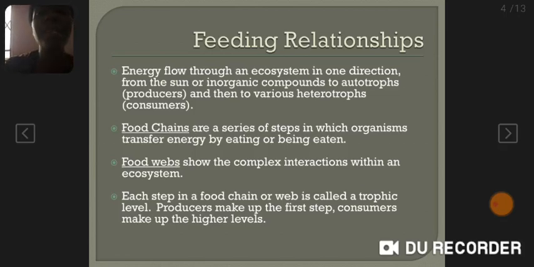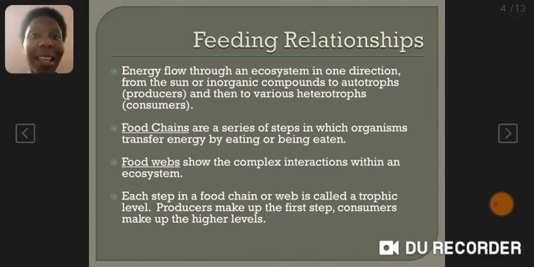The sun, we said, is the ultimate source of energy in any ecosystem. However, it's not contained in any trophic level of the food chain or the food web. Food chains, we said, are a series of steps. We looked at those the last time, so just for the sake of time, let's proceed, because we already talked about food chains and food webs.